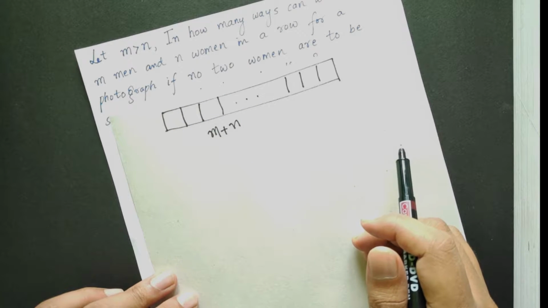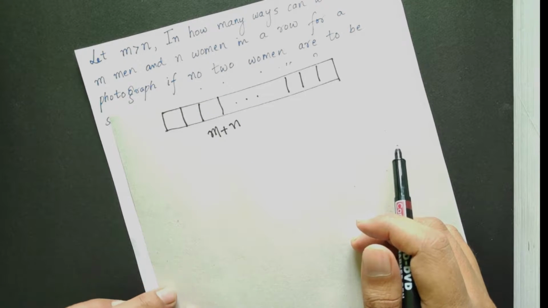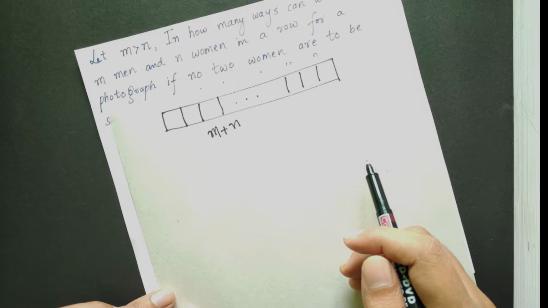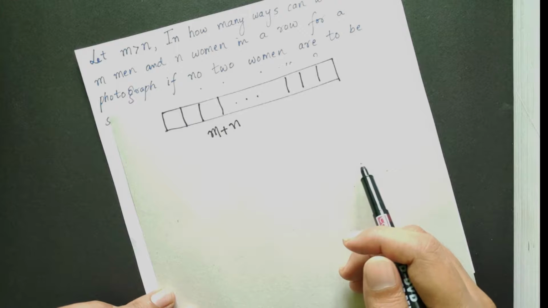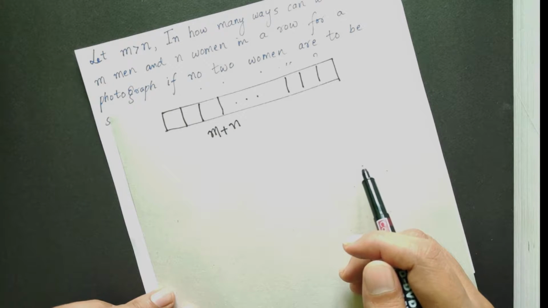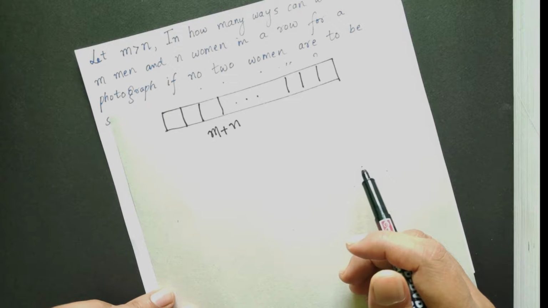So now what I will do at first is ask the men to come first and sit in a row. In how many ways can they come and sit? I will ask them to sit in such a way that they leave space for one more chair in between them.